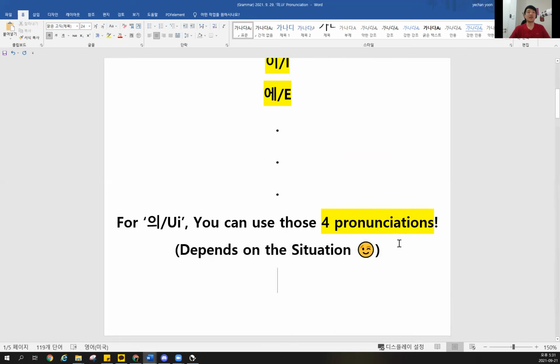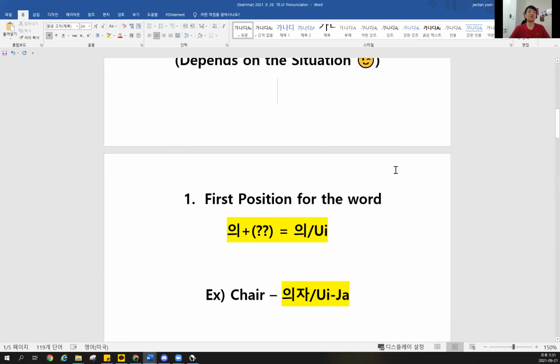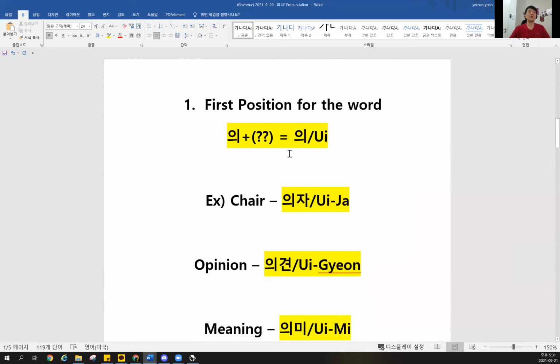Okay, all right. So what was the first example? If 의 is in the first position of a word, like 의 plus blah blah, then that can be pronounced as 의. Now with other forms.